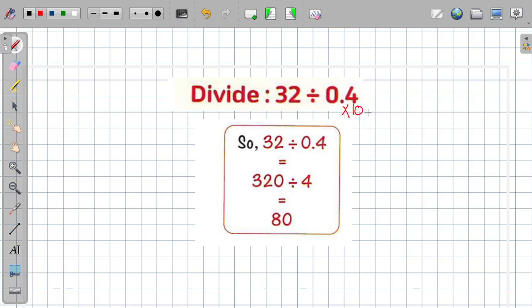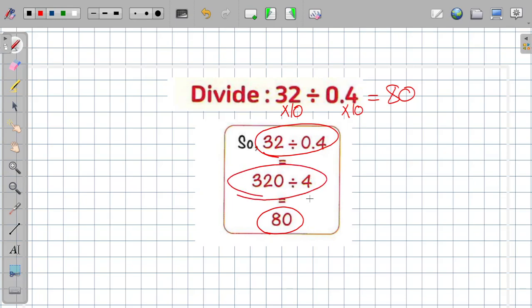And if I multiply the divisor by a number, I must multiply the dividend by the same number. So I have 0.4 times 10 and 32 times 10. So it will be 320 divided by 4. So it will be 80. So you can say that 32 divided by 0.4 equals 80. Yes, this is the same answer. So this operation is equivalent to this operation.